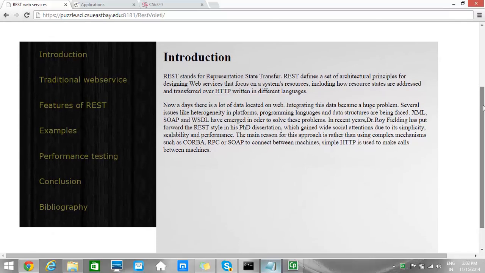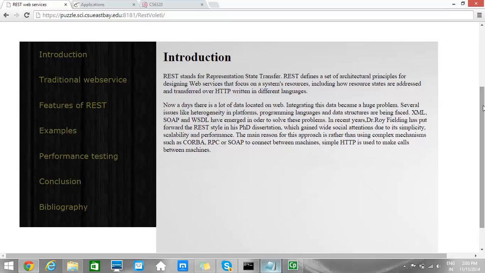So nowadays there is a lot of data on the web. Integrating this data has become a huge problem. There are several issues like heterogeneity in the platform, different programming languages and data structures which are being faced. So XML, SOAP, and WSDL have emerged in order to solve these problems.